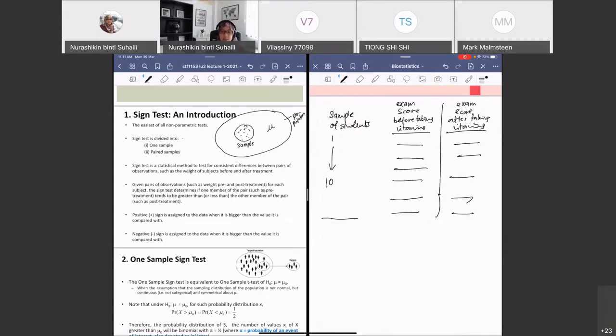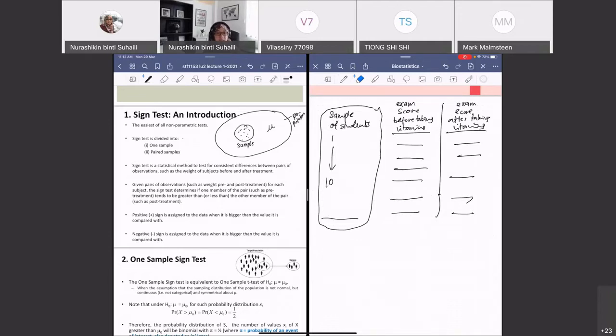You can see that here it still refers to one sample, but it undergoes two different situations, whereby each situation has its own data. So this is also considered a one sample situation. I hope it's clear.